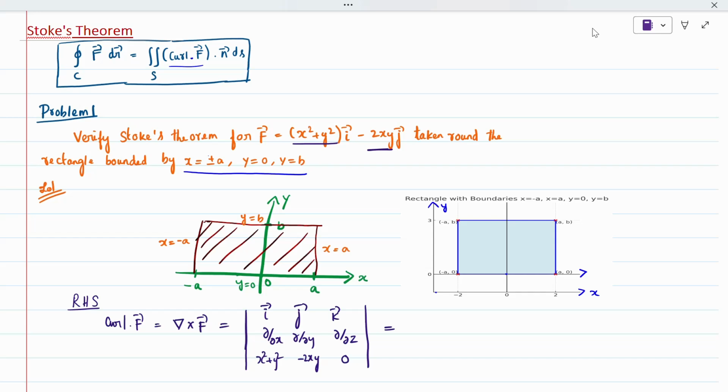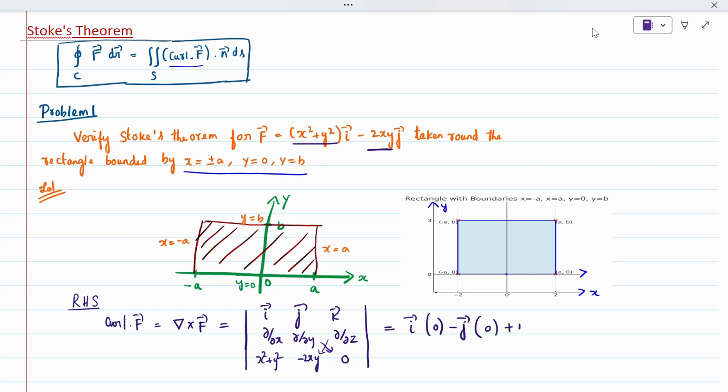You can understand clearly. Now it is a normal matrix determinant we have to find. When I multiply for i vector, I multiply this minus the opposite diagonal, so it is 0. Minus j vector times, the same way, 0 minus 0, so again 0.